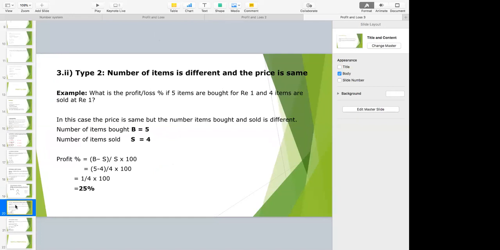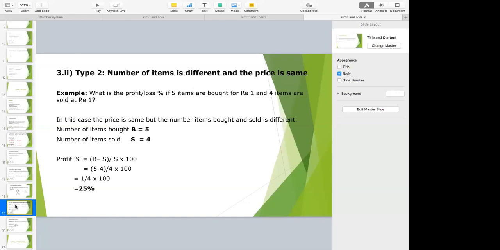So it's like you bought A quantities for rupees B, while you sold C quantities for rupees D. So there are 4 different values. You bought A items while you sold C items. Your buying price is rupees B while your selling price is rupees D.